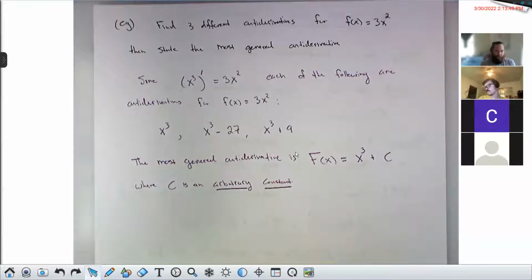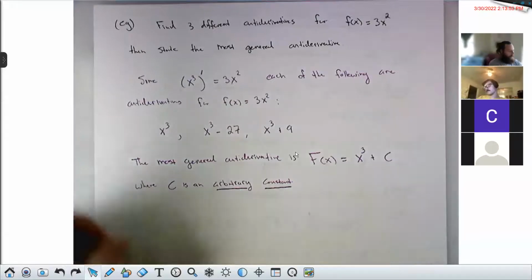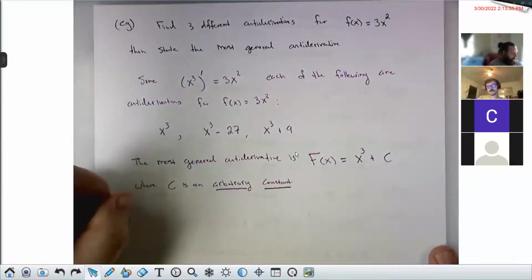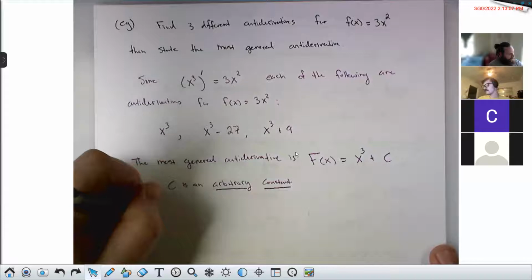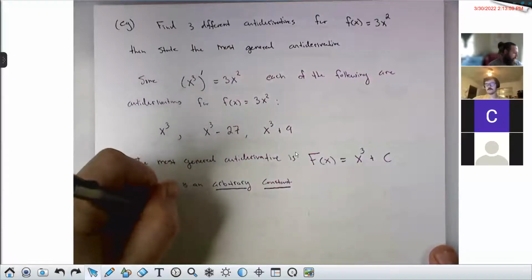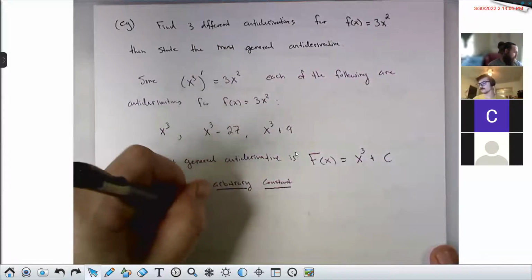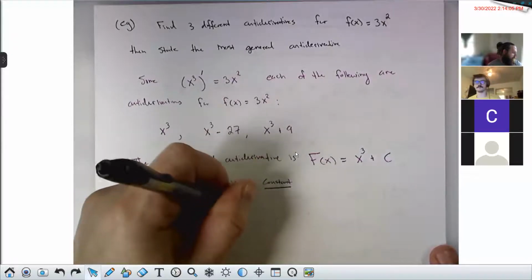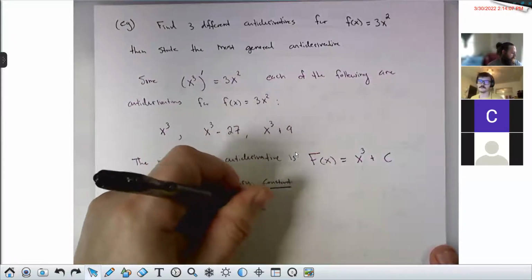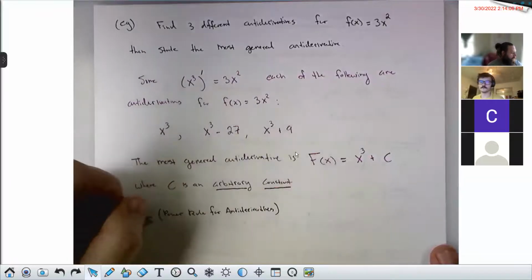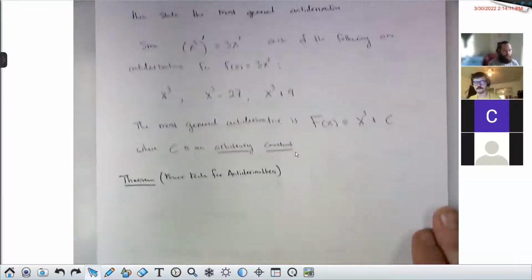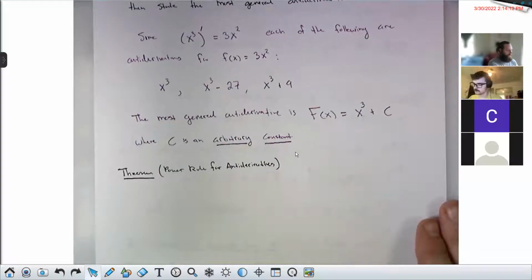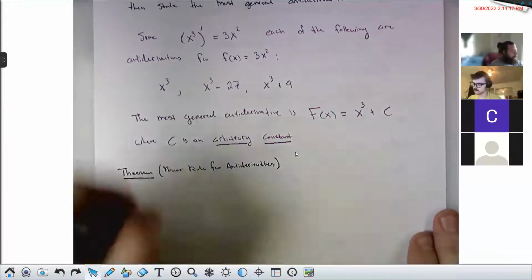Let me see if I can answer that with a theorem. This is the power rule for antiderivatives. It's one of the antiderivative formulas I gave last time, but maybe a close look at this will help.